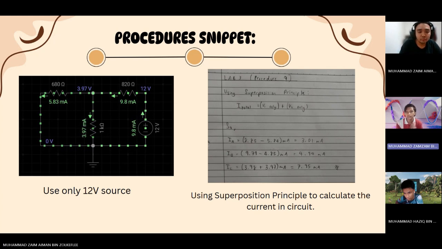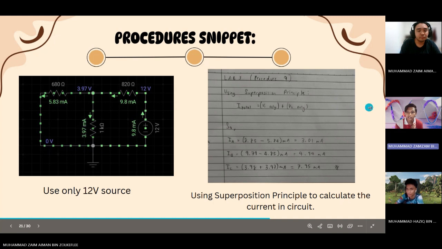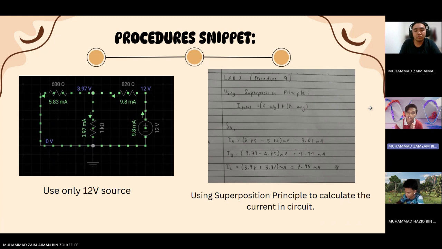So the superposition principle is I total equals V1 only, single power source of 10-volt only, plus V2 only, single power source of 12-volt only. So for IA, using this superposition principle, I get the value of 3.01 mA, and IB, I get the value of 4.94 mA, and IC, I get the value of 7.95 mA. Okay, next.